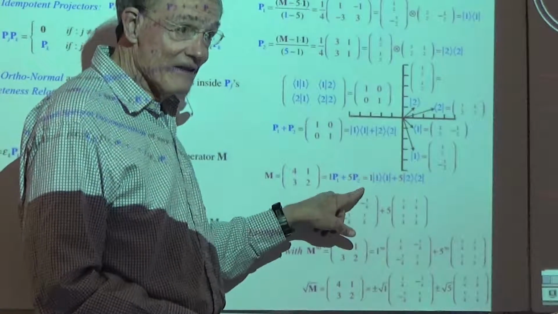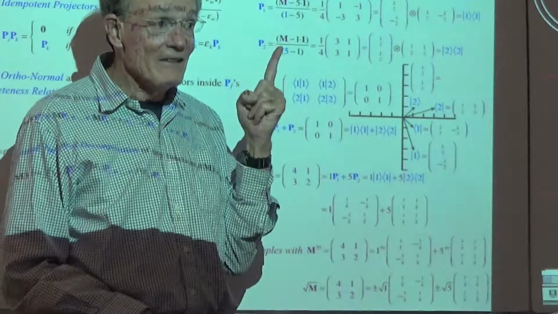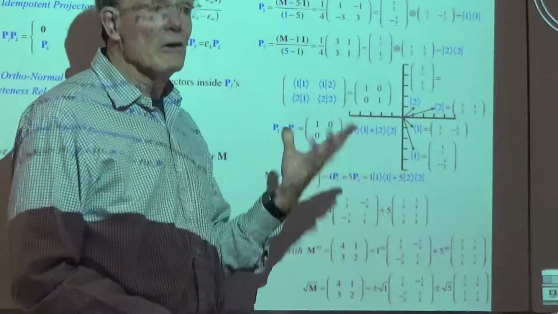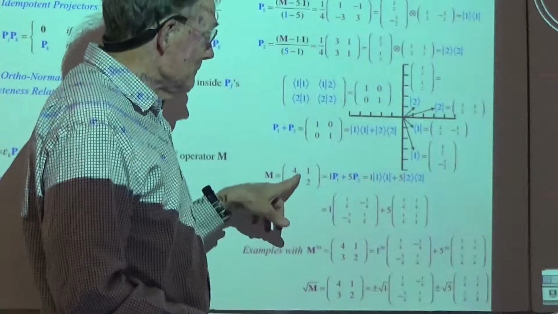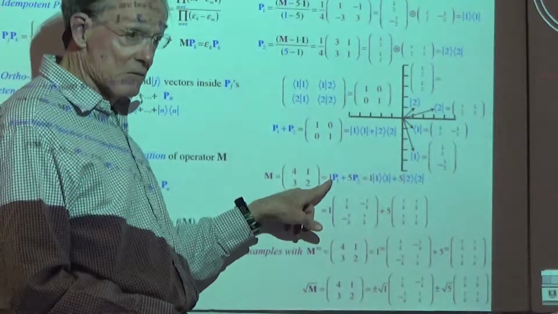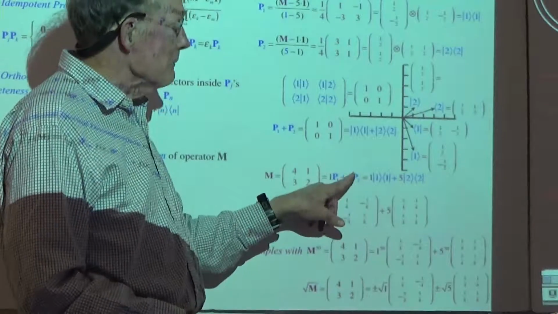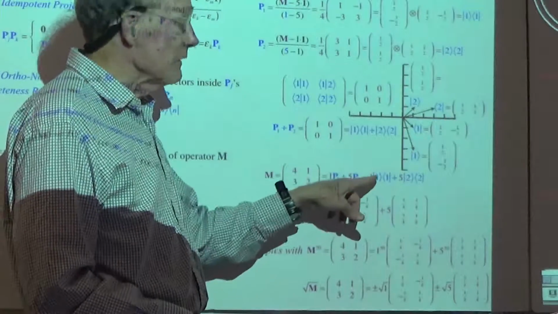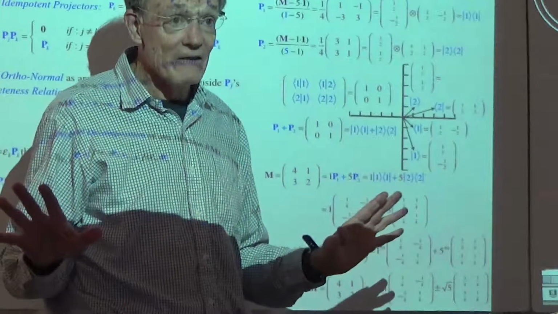But they're idempotent. P1 times P1 is P1. P2 squared is P2. So no matter what power I take, I simply have to take that power of this eigenvalue, multiply it by P1, take the power of the second eigenvalue, multiply it by P2. If I've got 3 dimensions, I've got to do this for each dimension, but that's it. Powerful.